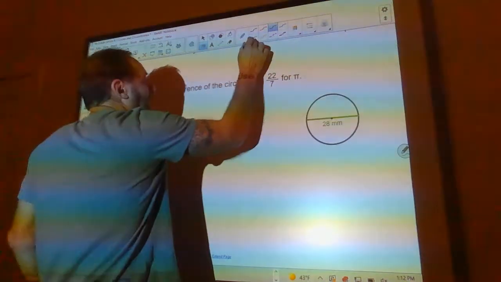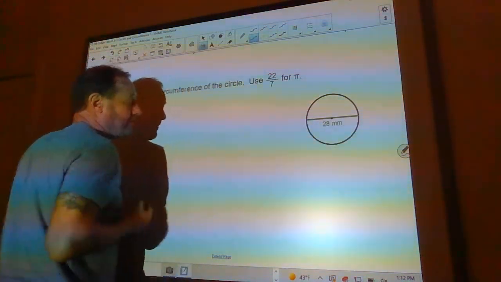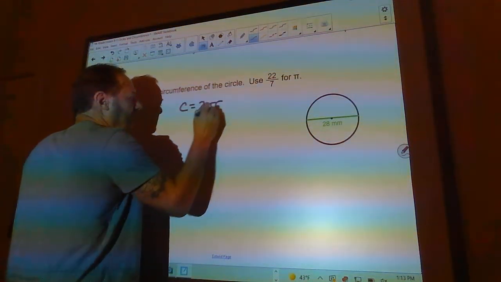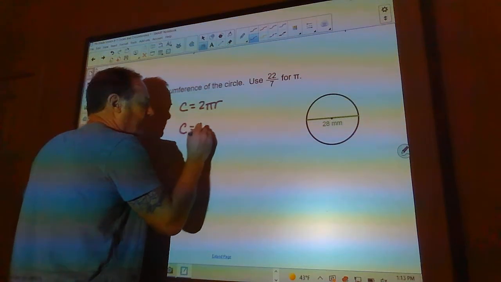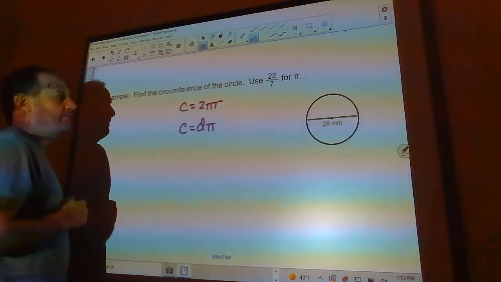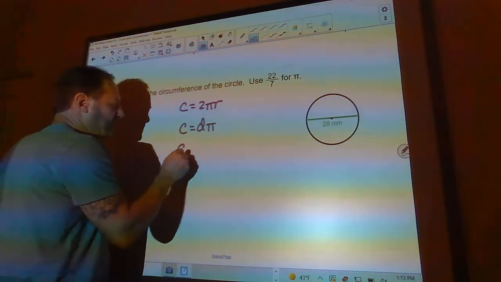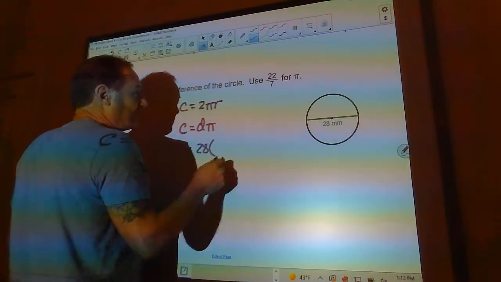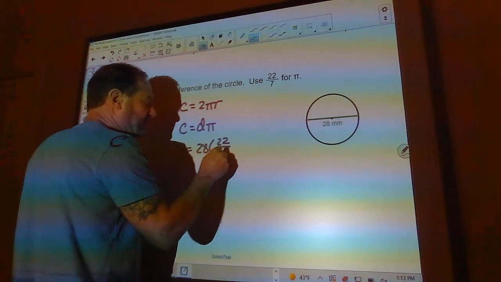So again, this time we've got the diameter. So instead of using this formula, we're probably just going to use this formula, d pi. So C is going to be, the diameter is 28, and I'm going to use 22 over 7 for pi because it asked me to do that.